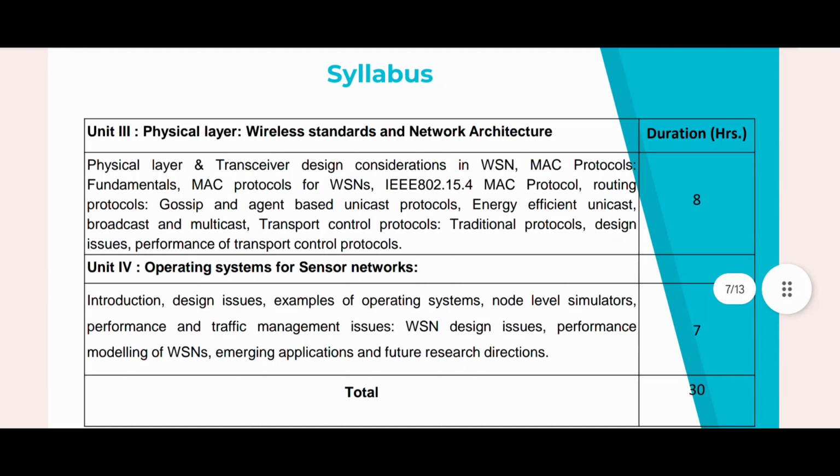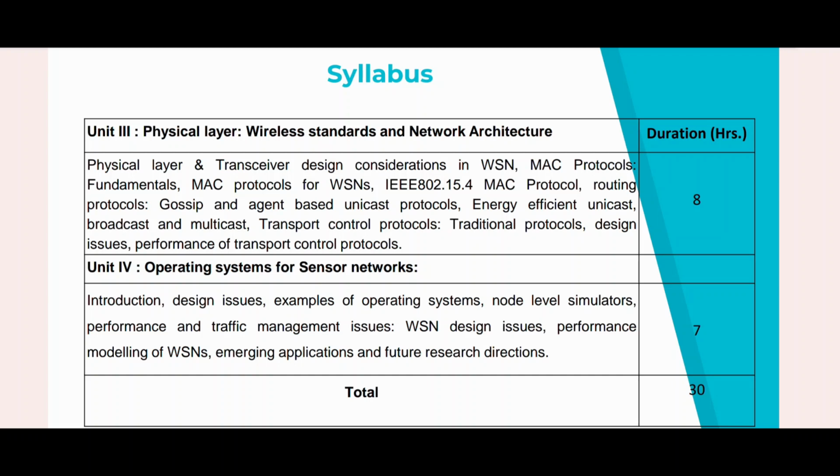Unit number 3 requires a total of 8 hours for completion. That is the physical layer, wireless standards and network architecture. Specifically in this unit, we'll focus on some of the wireless standards as well as protocols needed for connectivity, which we can call the wireless connectivity between WSN nodes. What does it consist of?